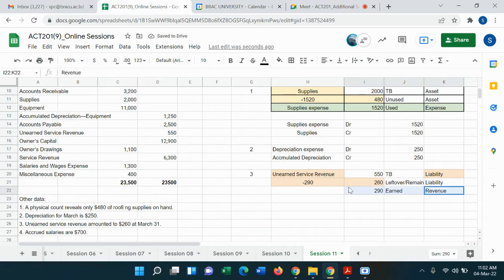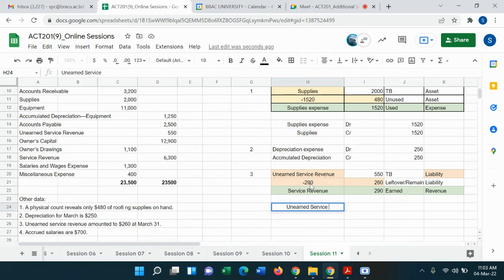And on the other hand, this 290 has been earned. That's why it should be recorded as a revenue. What should be the title of the revenue? Service revenue. Now, what should be the adjusting entry? Liability reduced, so debit.